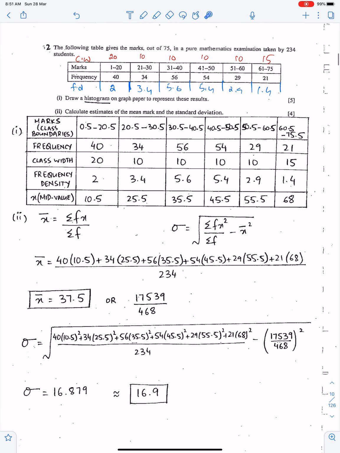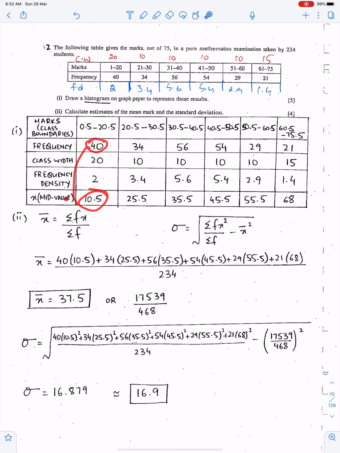And the next part is estimate of mean and standard deviation. This is the formula for mean and this is the formula for standard deviation. We must have mid values. So you know how to get the mid values. Take the average of these 2 numbers. It's your choice. So sigma fx, this is f and this is x.